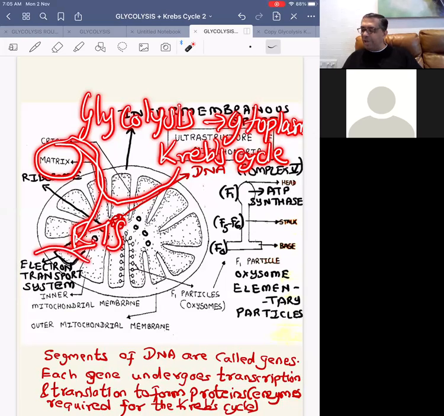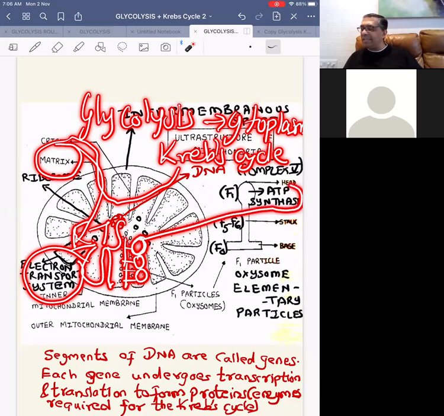Electron transport system takes place in the inner membrane of the mitochondria. There is where ETS takes place, and there is actual synthesis of ATP done. Actual synthesis of ATP is done in the heads of the F1 particle, which have an enzyme called ATP synthase enzyme.